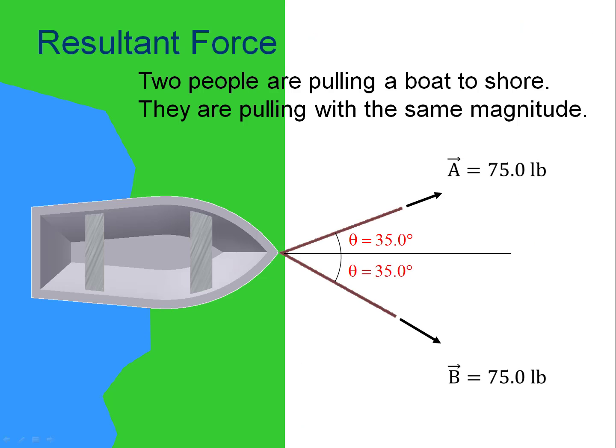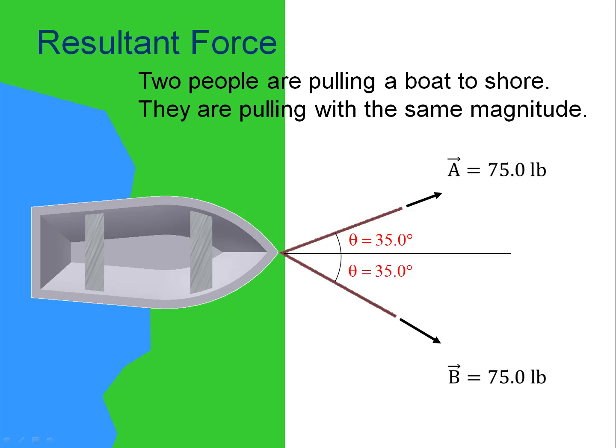So now we can look at the resultant force. So let's look at this problem. We just did all the math to solve this. And in this problem, we're saying two people are pulling a boat to shore. They're pulling with an equal magnitude of 75 pounds. Vector A, vector B. Both vectors are 35 degrees off of the horizon, one below it, one above it.